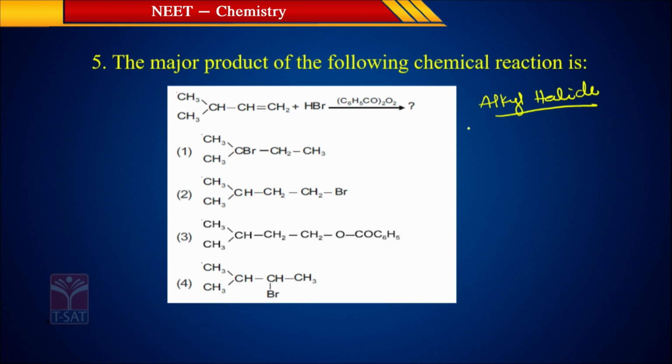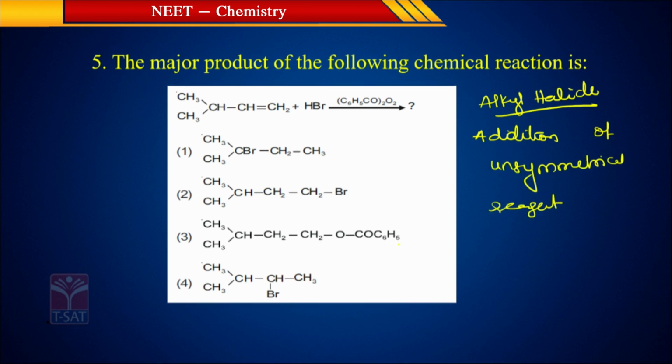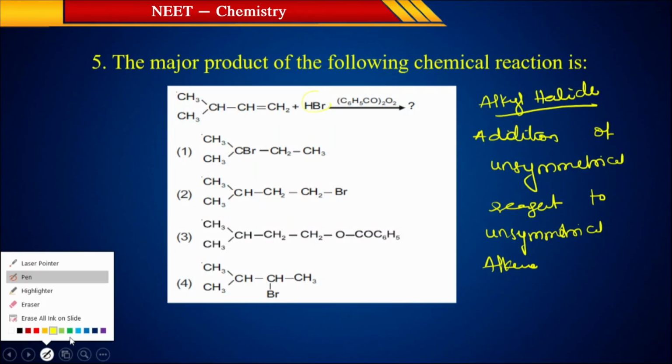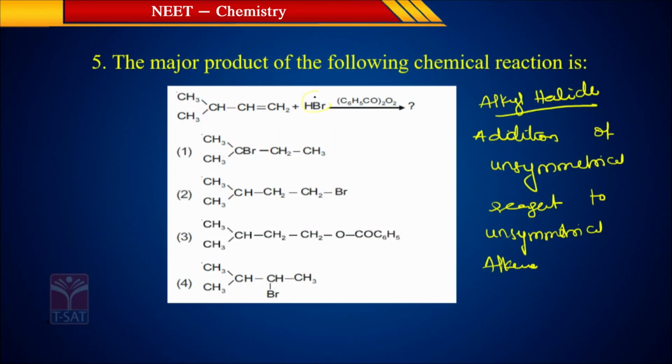This is an addition reaction: addition of an unsymmetrical reagent to an unsymmetrical alkene. So, this is an unsymmetrical alkene and HBr is an unsymmetrical reagent.